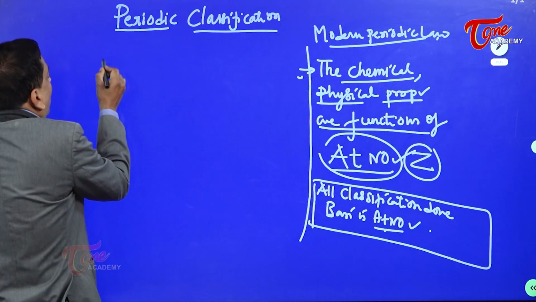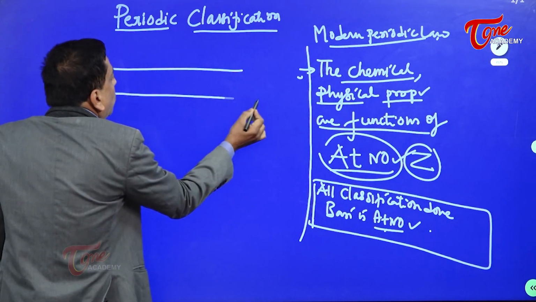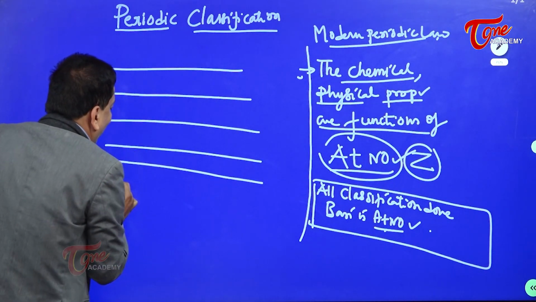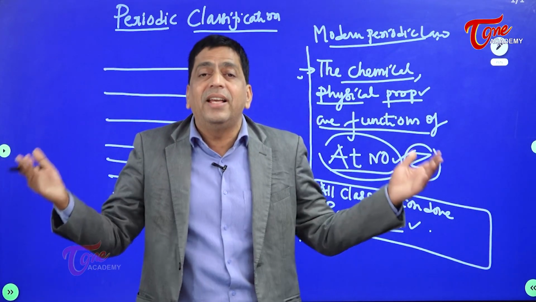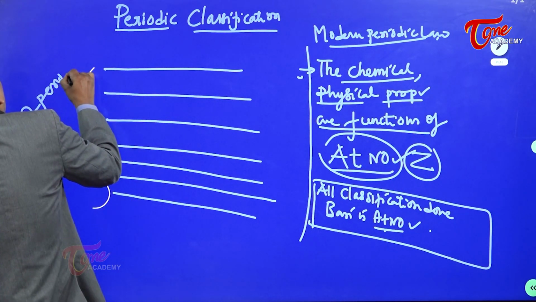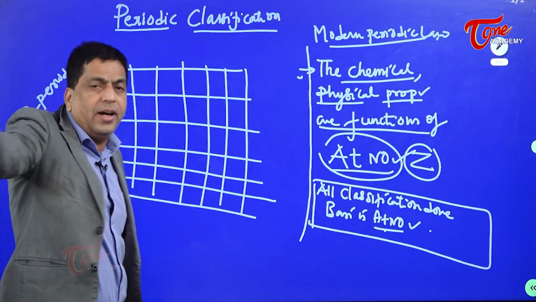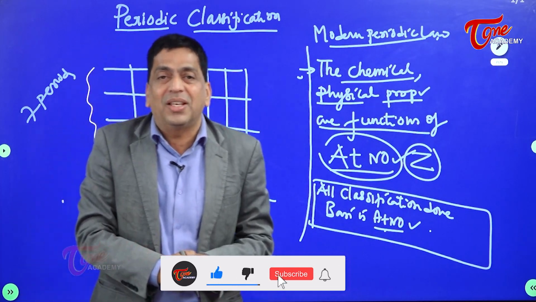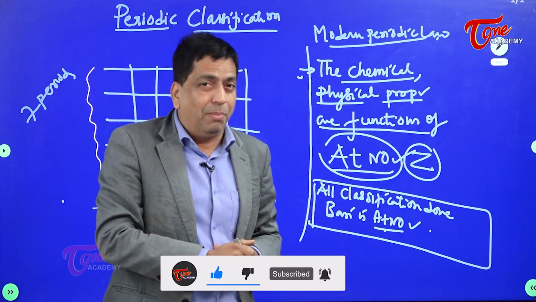So each period I'm drawing, 2, 3, 4, 5, 6 and 7 periods you have in the periodic table, and 18 groups. You can continue to draw periods, but the vertical lines have no significance. You must understand the basis on which it is constructed is on the basis of periods.